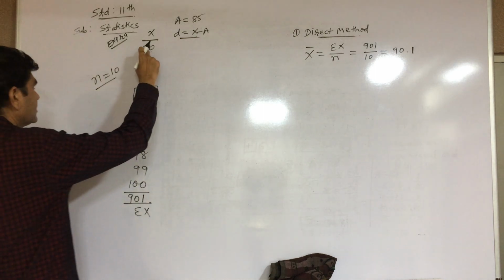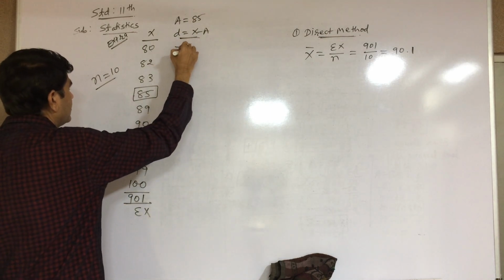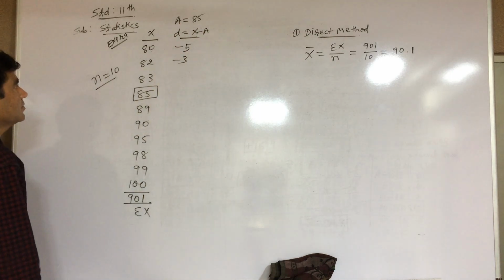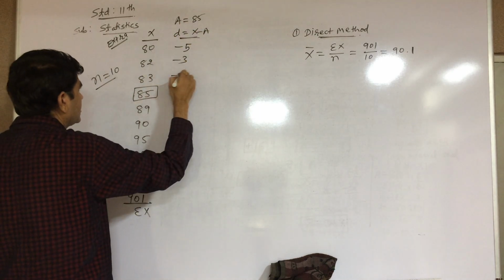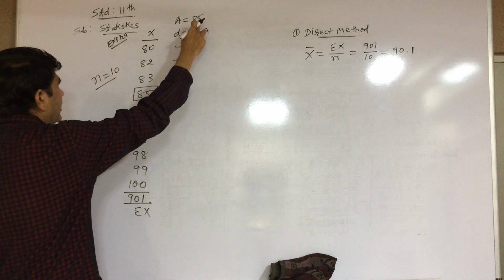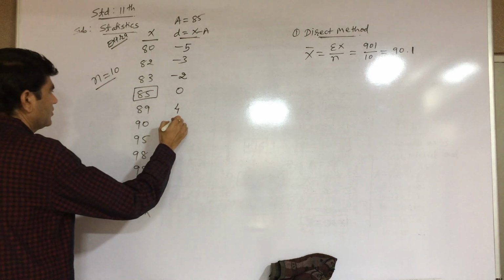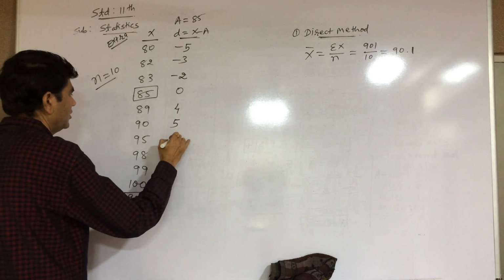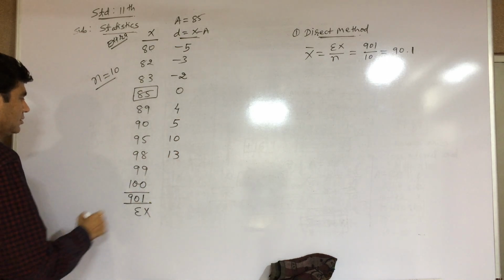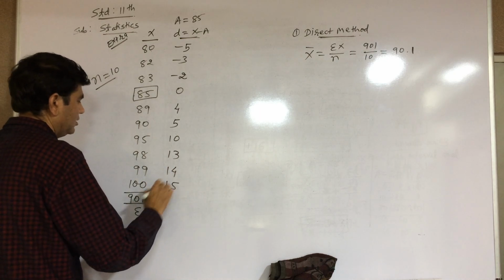Now x minus a, 80 minus 85, minus 5, minus 3, minus 2, 0, 89 minus 85, 4, 5, 10, 13, 14 and 15.